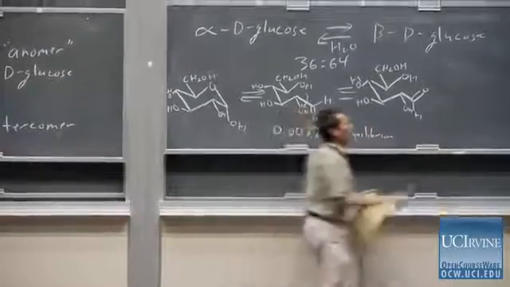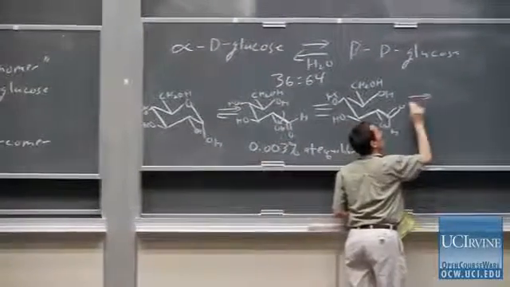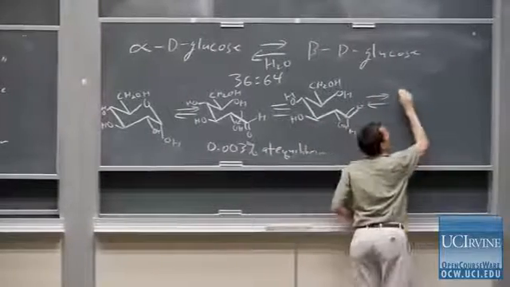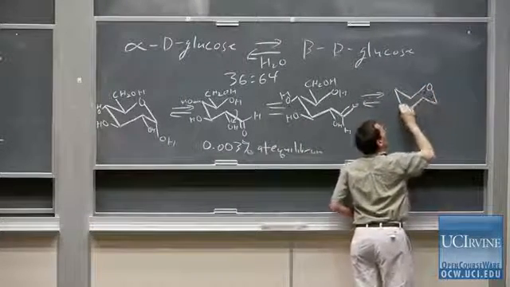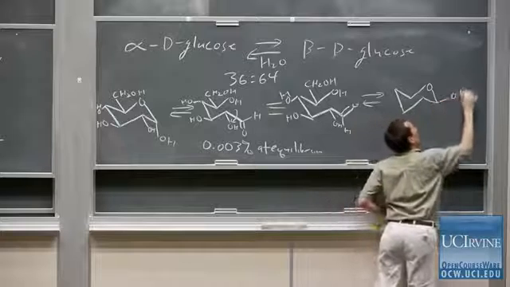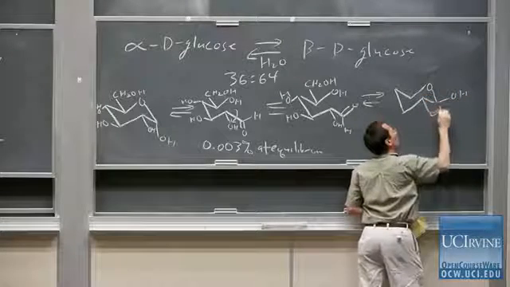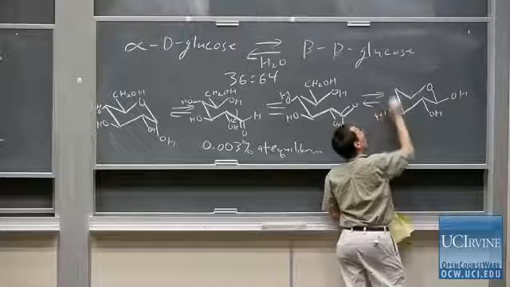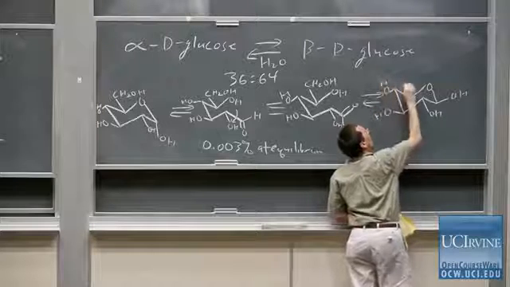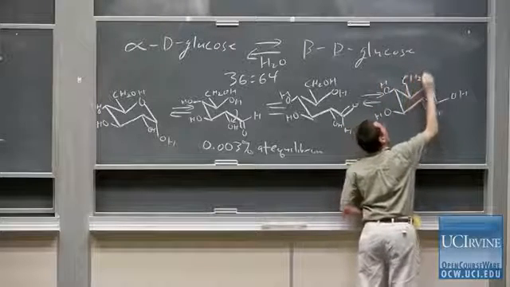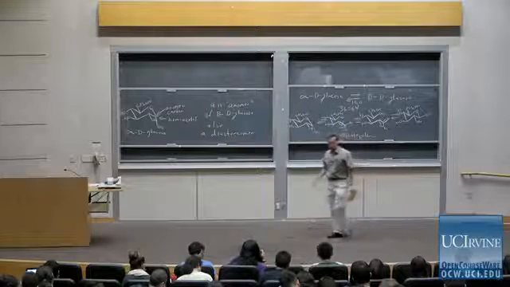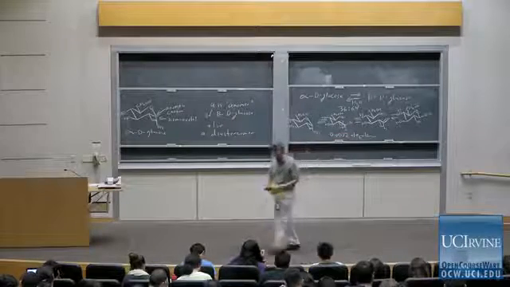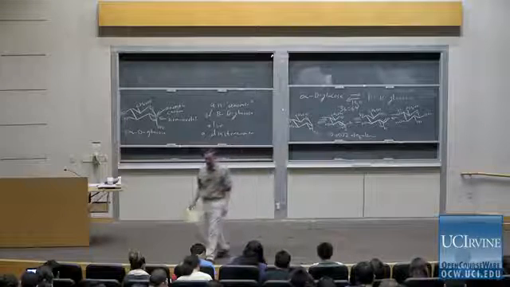And now, if you imagine just reclosing this, we've gone to the beta form. We've gone from the alpha anomer to the beta anomer.